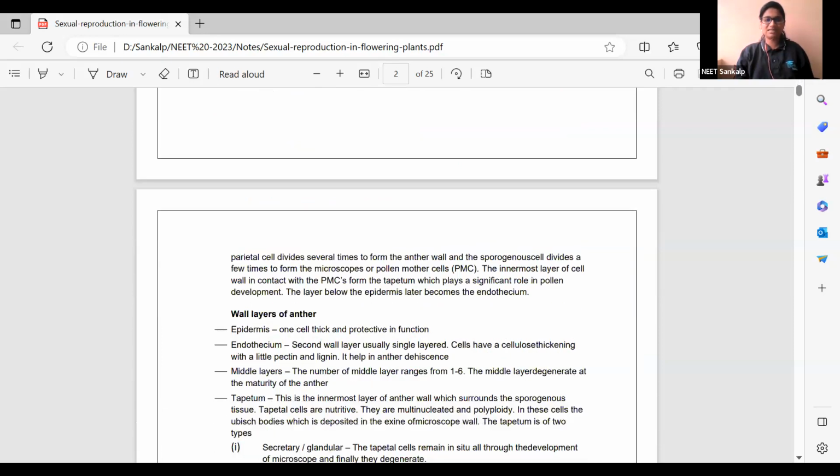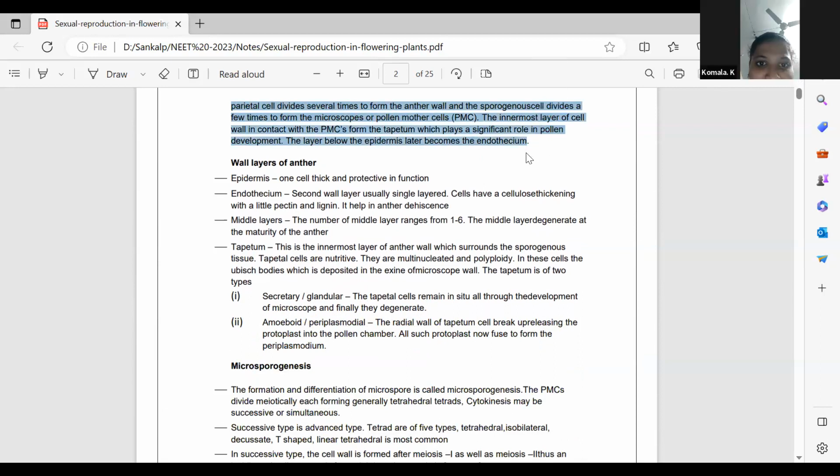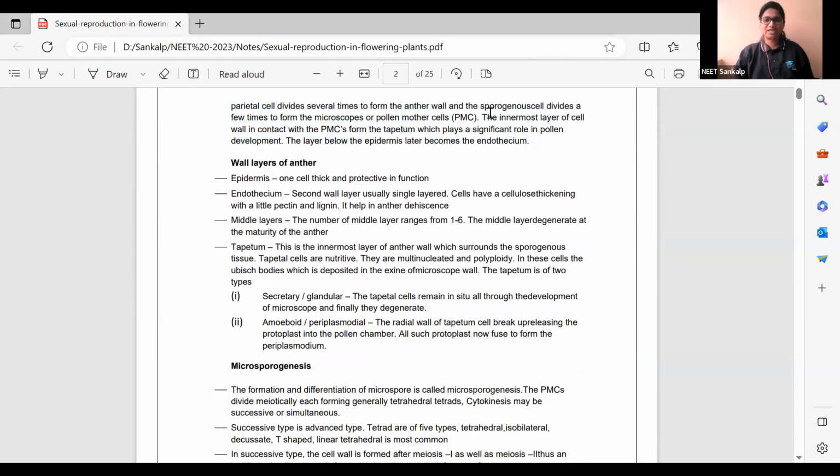Okay, parietal cells. Can you read this? Parietal cells divide several times to form the anther wall, and the sporogenous cells divide a few times to form the microspore or pollen mother cells, PMC.